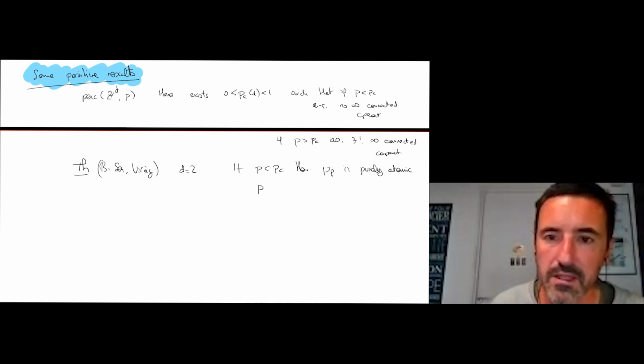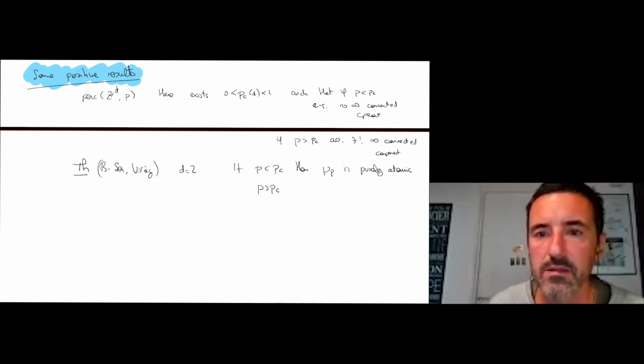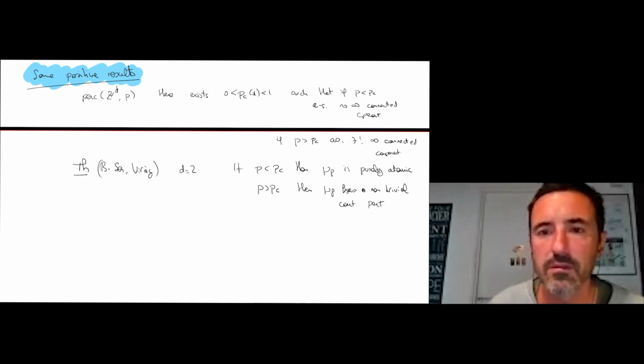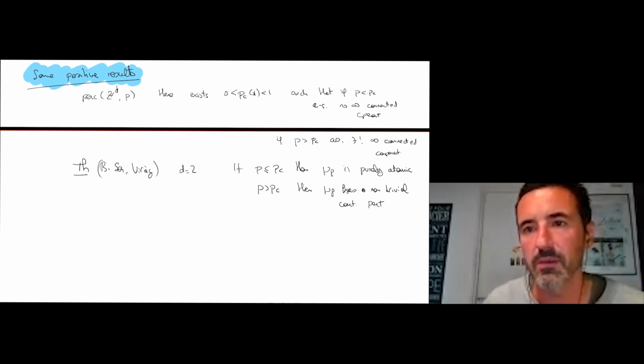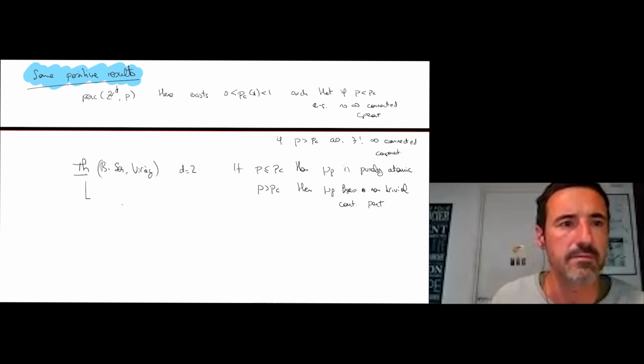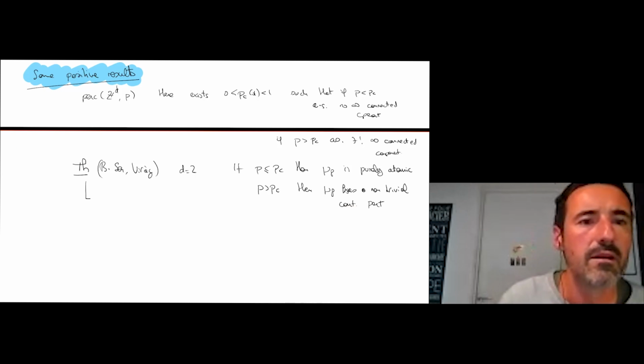The theorem is that if p is larger than p_c, then mu rho has a non-trivial continuous part. And in fact, for d equal to 2, we know exactly what happens at p equal to p_c.